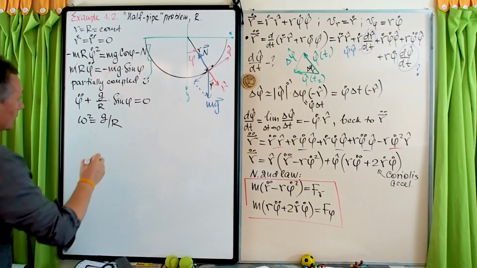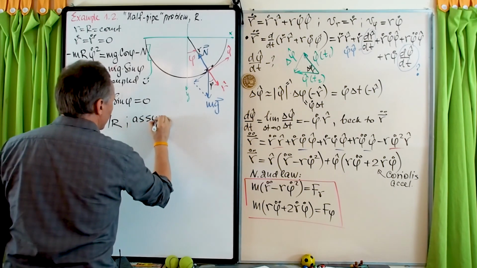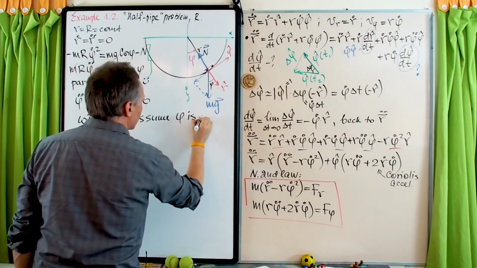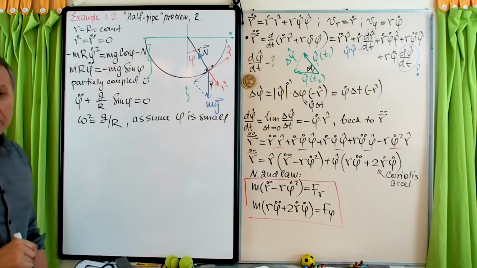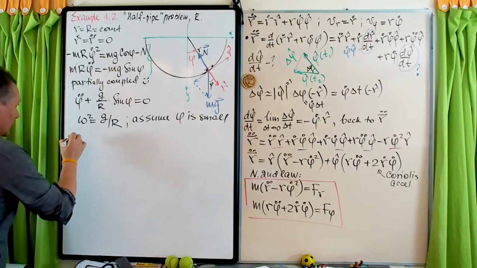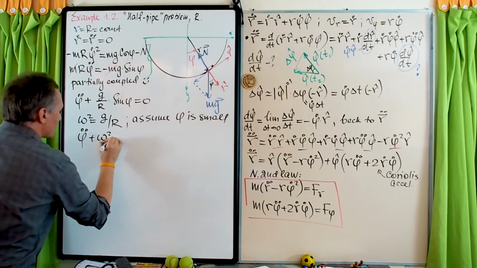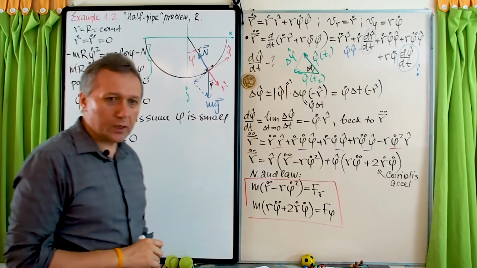And we're going to assume, otherwise it's impossible to solve, that phi is small. So we make a small angle approximation. Then phi double dot plus omega squared phi equals 0. So we're getting the simple harmonic motion equation.